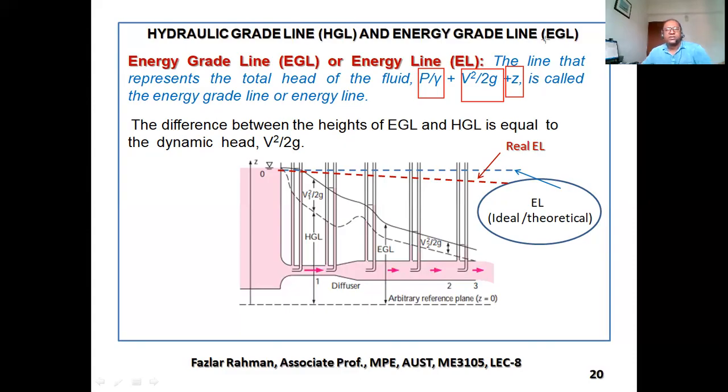Okay. So you see, look at the graph. This is your total energy line. At the bottom, you are getting the hydraulic gradient line. Okay. Now, the summation of these three has to be always constant. That means fluid energy is not changing.